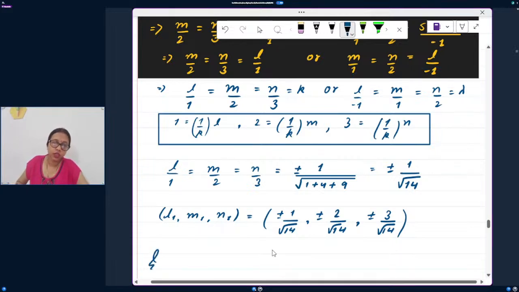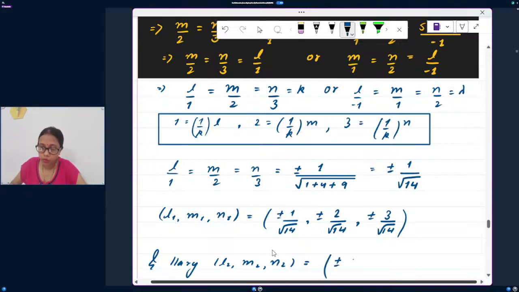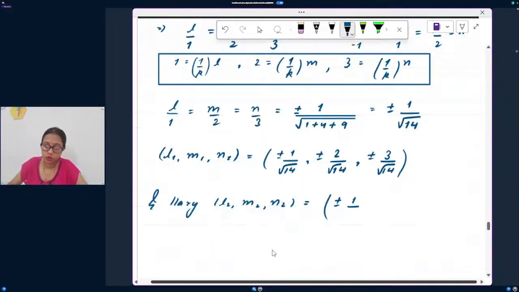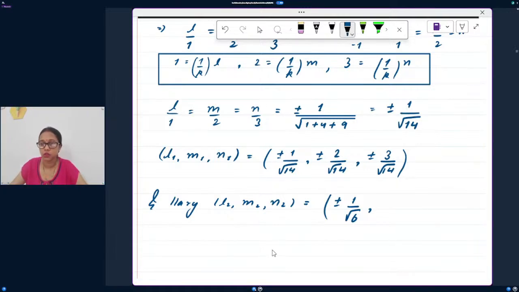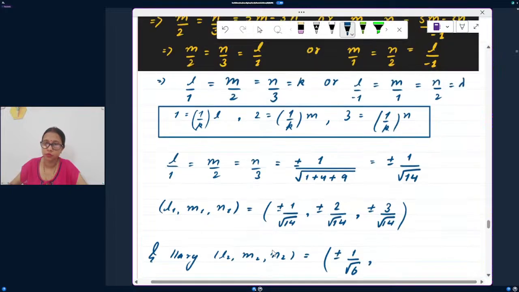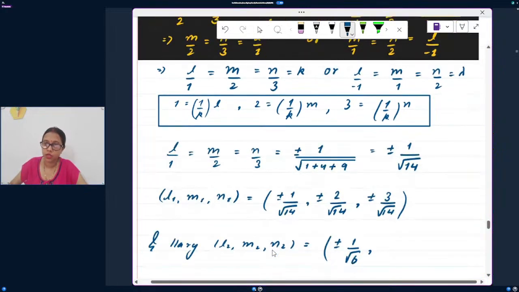And similarly, l2, m2, n2 are plus minus 1 upon root of 1 square is 1, 1 square is 1, 2 square is 4, so 4, 5, 6. Root 6, plus minus 1 by root 6, and plus minus 2 by root 6.